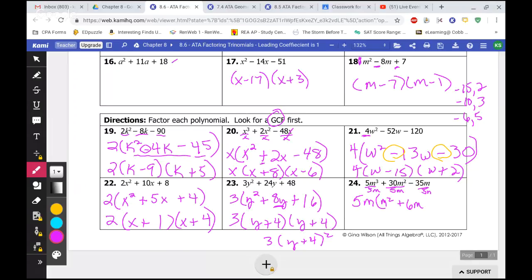And 5m here, I'm going to be left with a negative 7. So I'm looking for two factors that multiply together to give me a negative 7 that when I combine them give me a positive 6. That tells me one of the factors is going to be negative and one positive. The bigger one is going to be positive because my middle number is positive. So positive 7, negative 1.